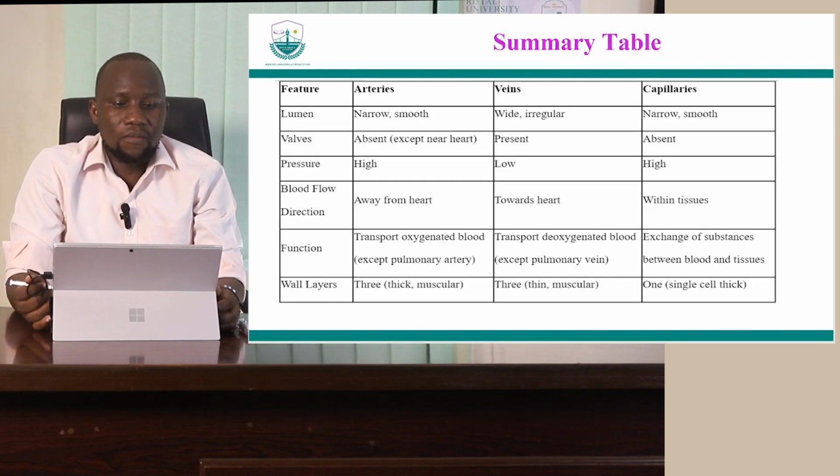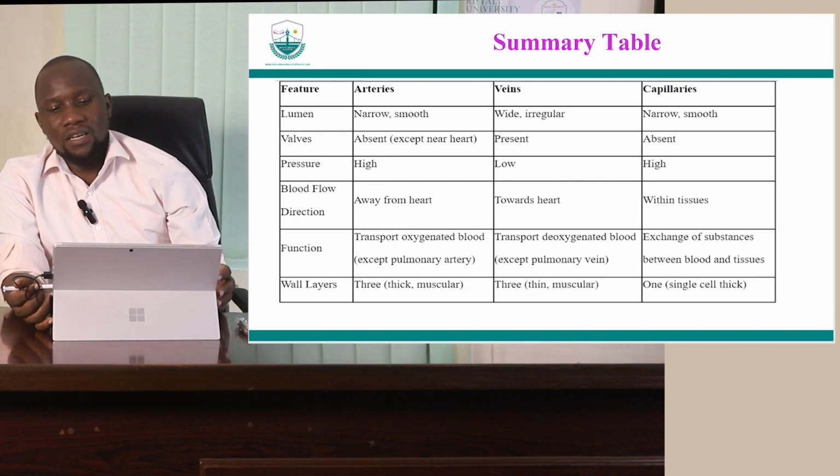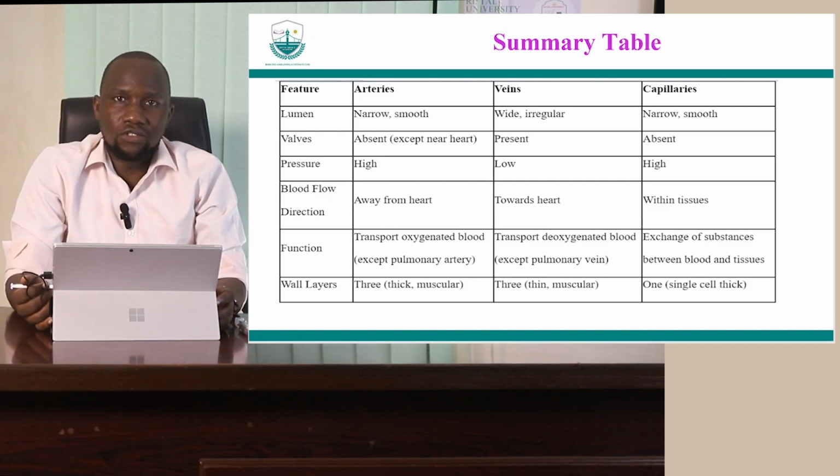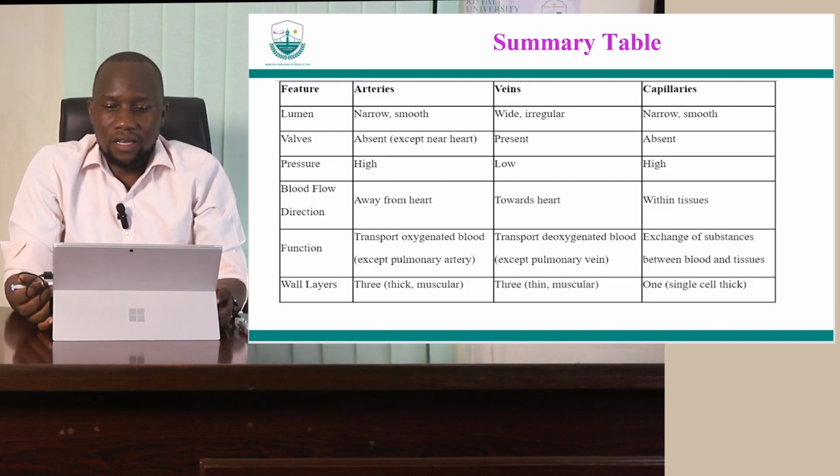So in summary, we have looked at the arteries, veins, and capillaries. We said that the arteries carry blood away from the heart, the veins bring the blood to the heart, and the capillaries allow exchange of materials.